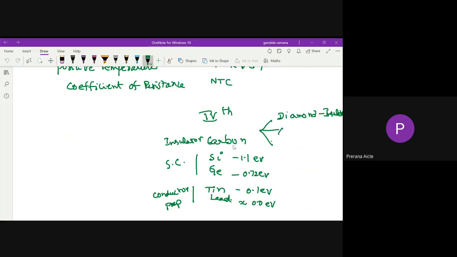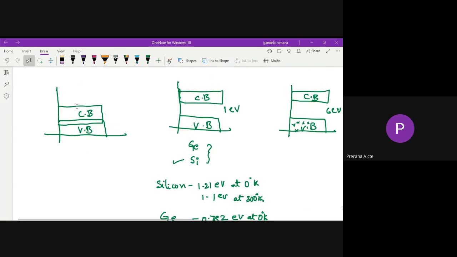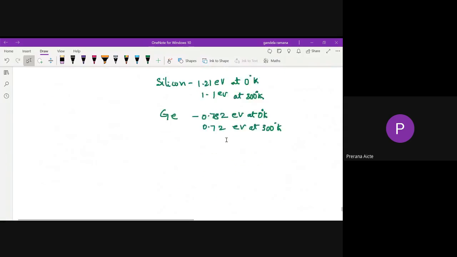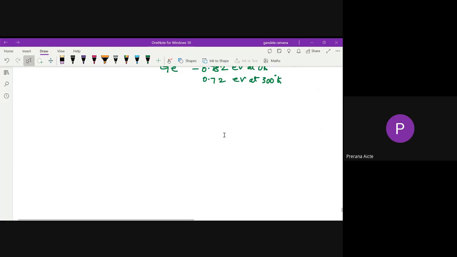In the form of amorphous powder, it acts as a semiconductor. When it is in the form of graphite, it acts as a conductor. Now among these three, which one is more popular? Semiconductors are more popular, so we will discuss semiconductors now.